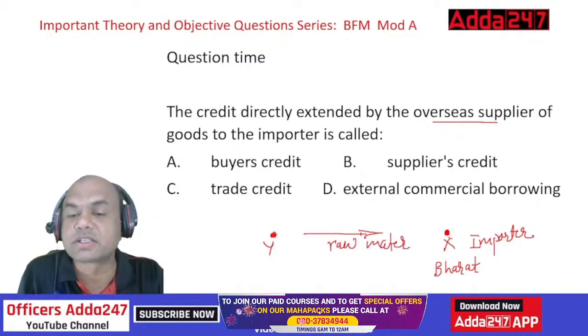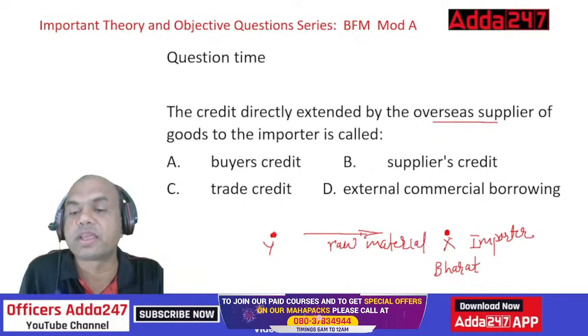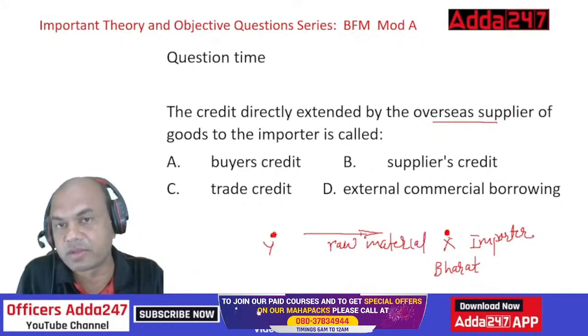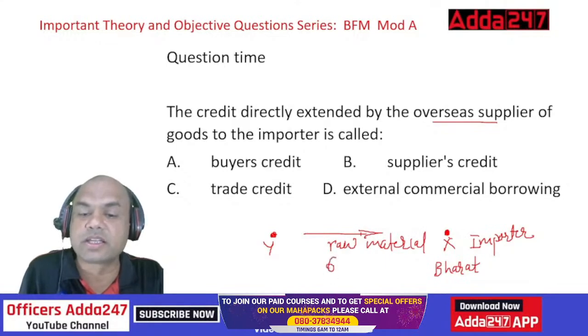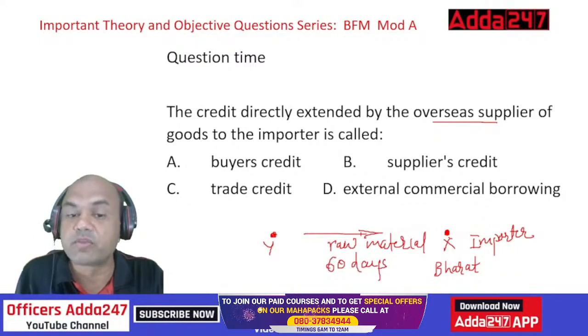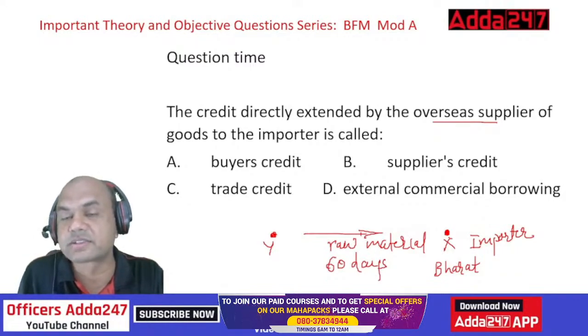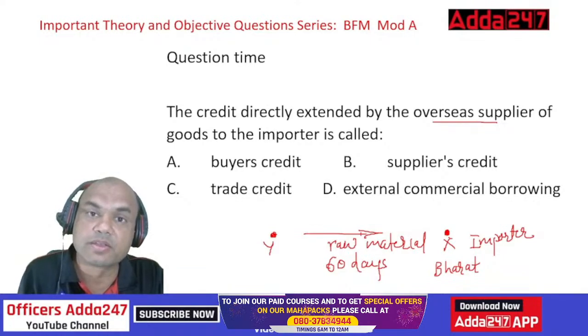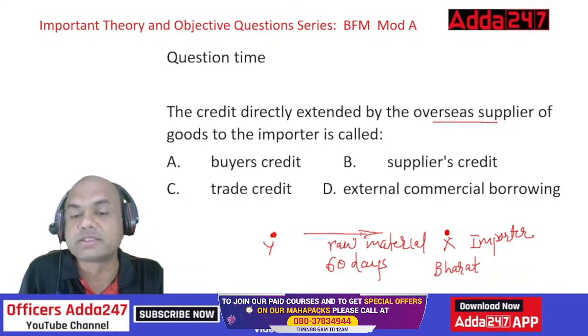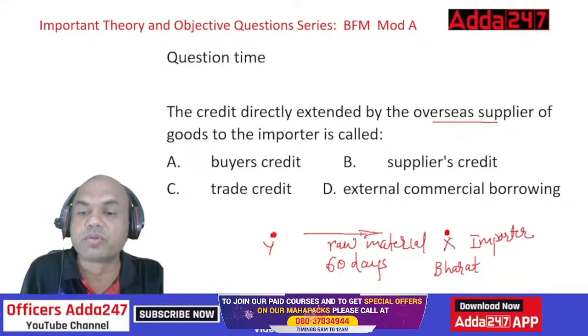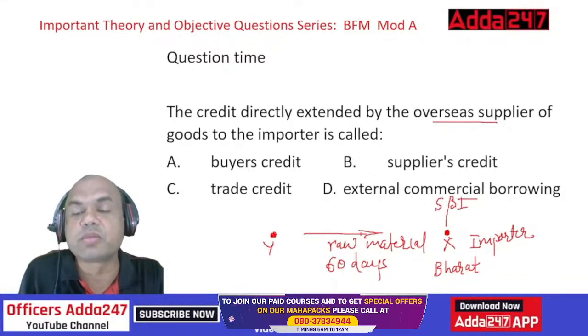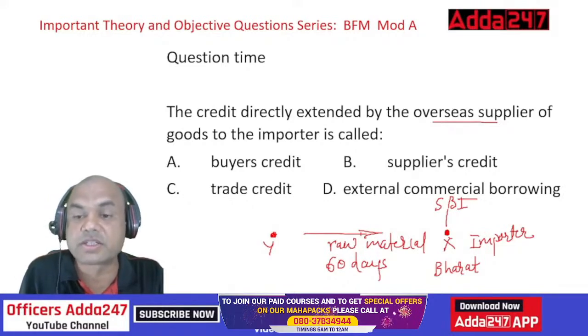So what happens in this case? If Y is supplying X, then X will have to pay Y. Now if the payment terms are 60 days from the receipt of the goods, then why should Y trust X if X doesn't pay? So in that case, Y says, I don't trust you. What you do is arrange from your bank, let's say SBI, that they should give me a guarantee. They should sign and stamp the bill of exchange in addition to you.